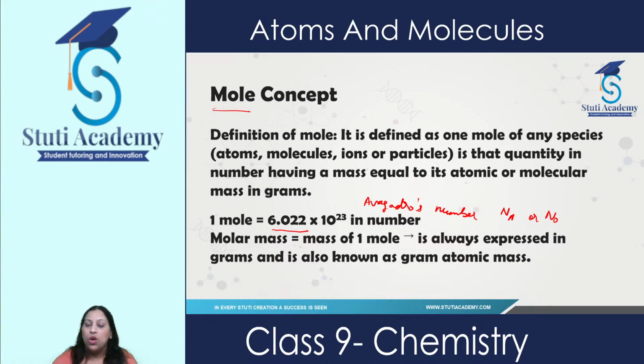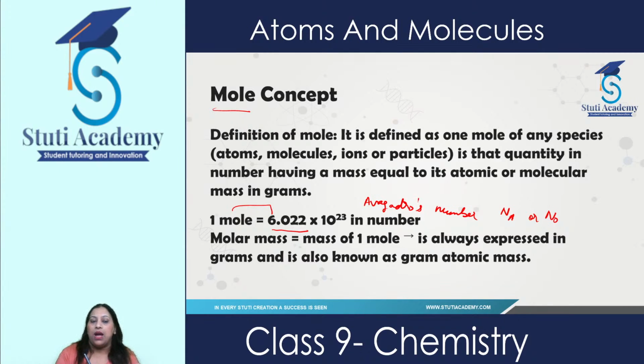What is this Avogadro's number? When we measure anything, like we say 1 pair of shoes, it has 2 shoes. If we say 1 dozen bananas, it has 12 bananas. So if we say 1 mole, 1 mole is equal to 6.022 into 10 raised to power 23. So these two are equivalent.